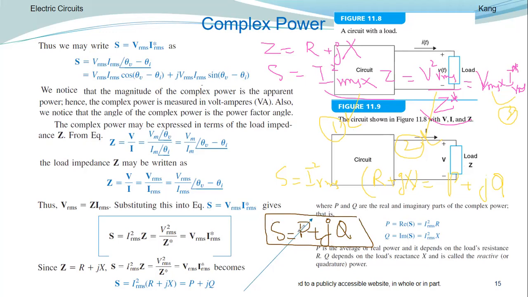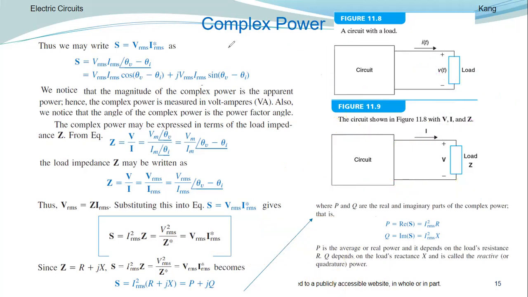Now I have to elaborate here. Here P is the real part, and Q is my imaginary part. So I can write that this is the real part of S, and this Q will be my imaginary part.